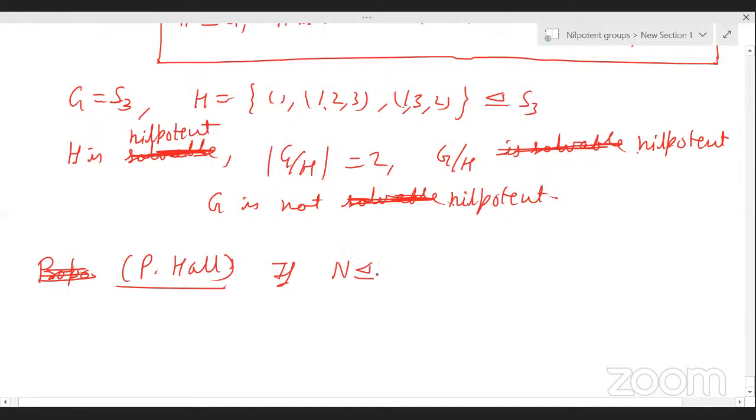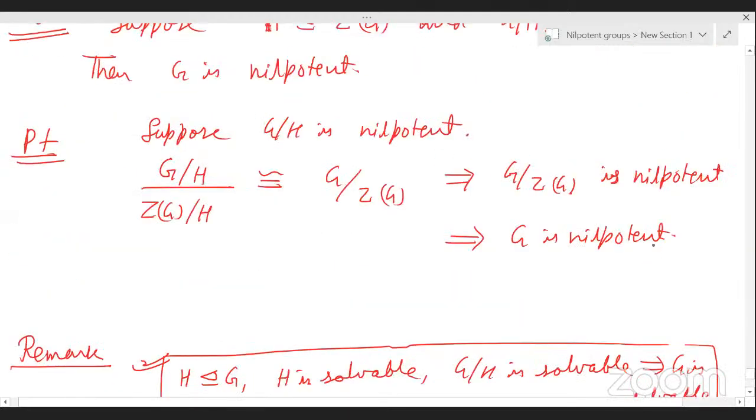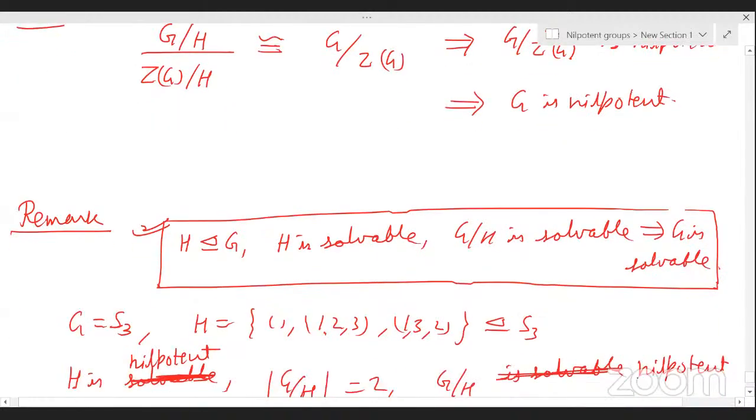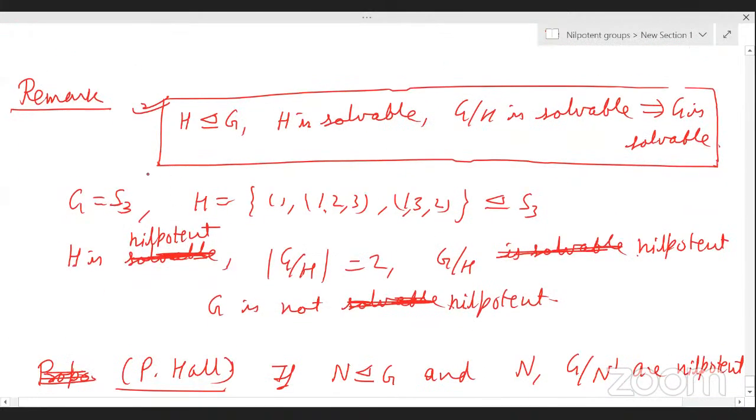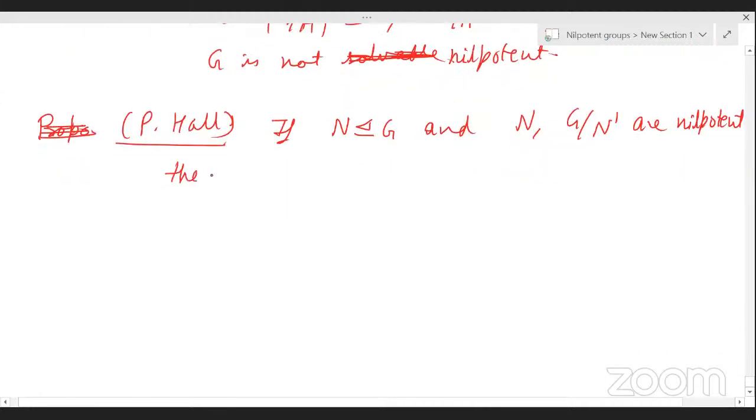If N is normal in G, and N and G/N', where N' means the commutator of N, are nilpotent, then if these two are nilpotent, G is nilpotent. So this is the result.